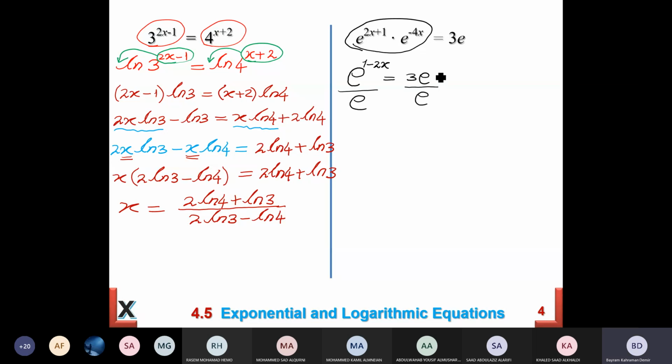Now e will cancel, so you will get 3 on this side. And on this side, we have e power 1 here and e power 1 here, it will cancel, so you will get e to the negative 2x equals 3.